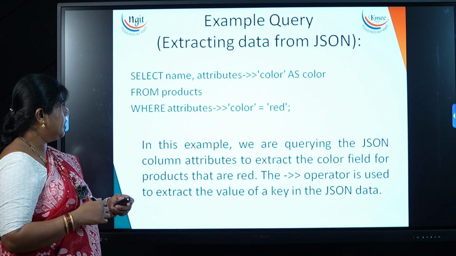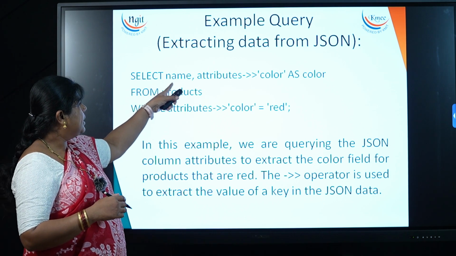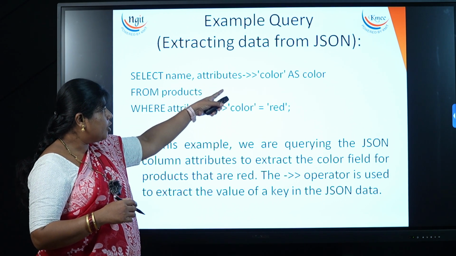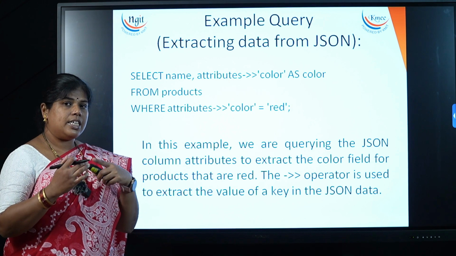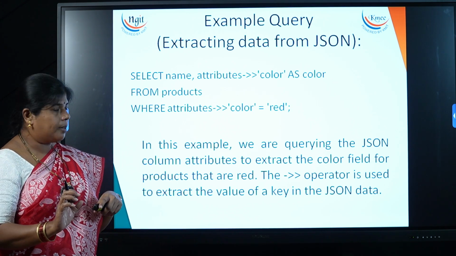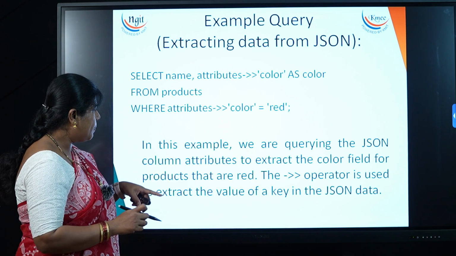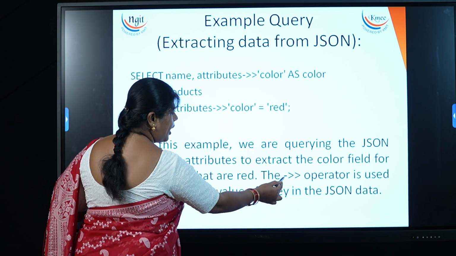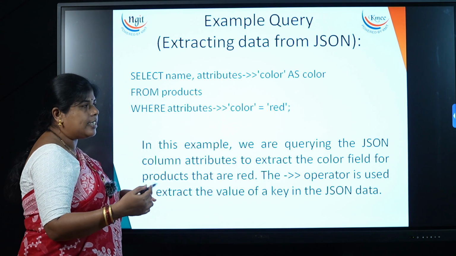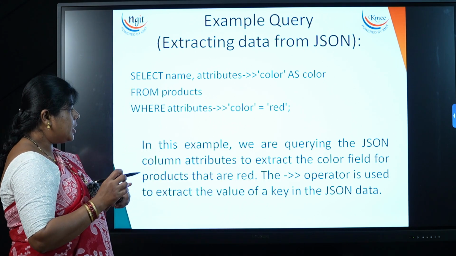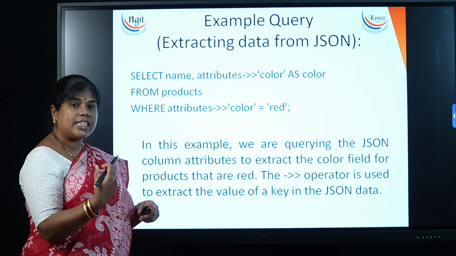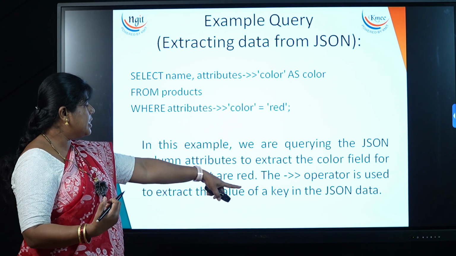How can I retrieve it? Select the name and attributes. Now attributes is of which type? JSON type. Now which attribute do I want? Color. Then for that purpose, which operator should I use? Hyphen and greater than symbol. Using that operator I can extract the value from the JSON data.